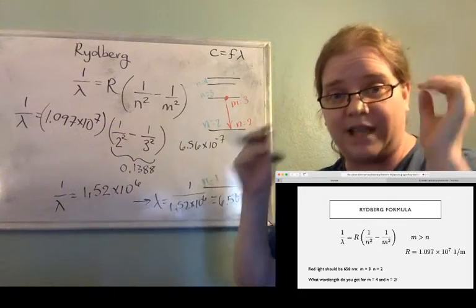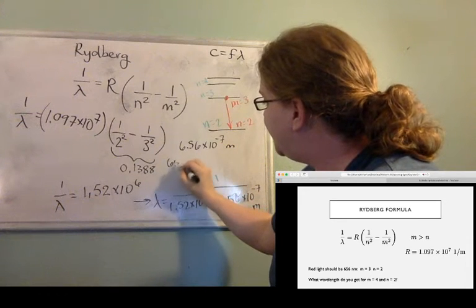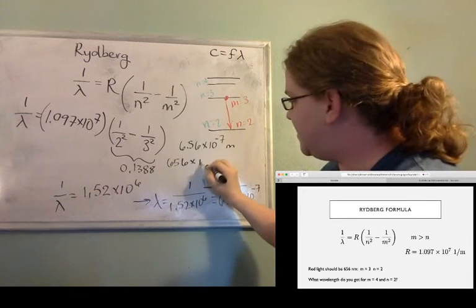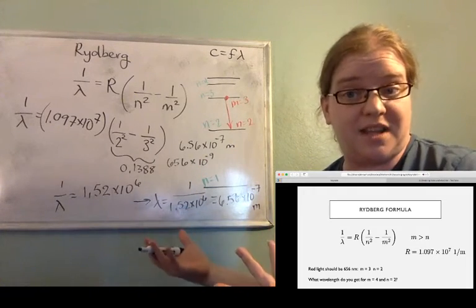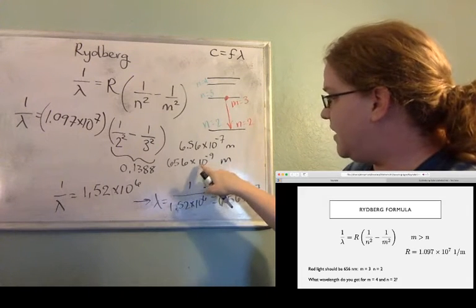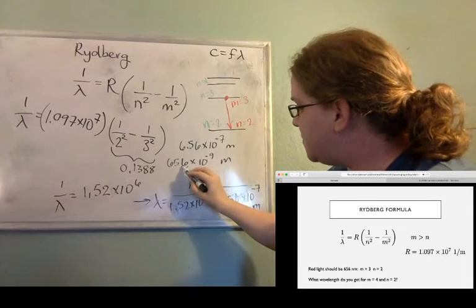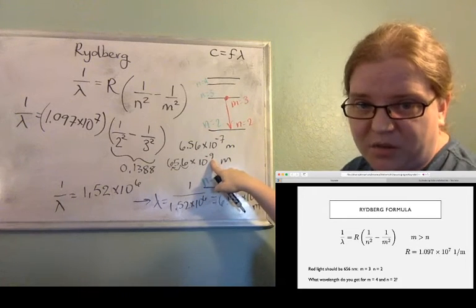Let me check this against my 656 nanometers. All right, so 656 nanometers, that'll be times 10 to the minus 9, because that's what nano means, 10 to the minus 9. And yeah, these are going to be the same, because if you move this decimal point over by 2, this has to get smaller by 2.